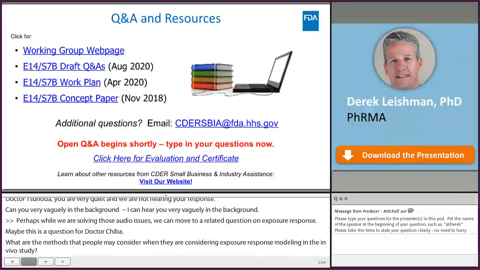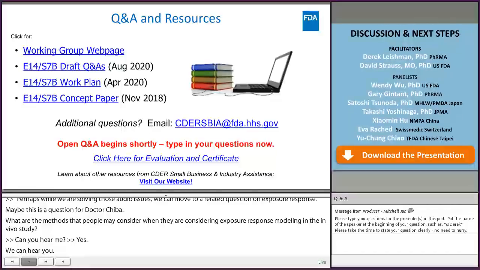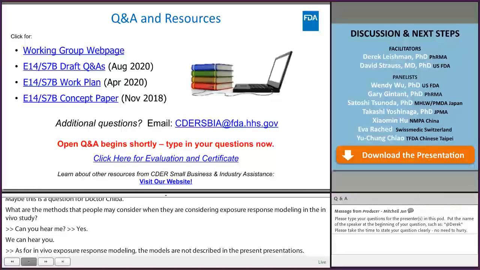As for in vivo exposure response modeling, the detailed methods are not described in today's presentation. The representative exposure response model is shown in two references in this presentation, and the summary of the method is shown on the slide.